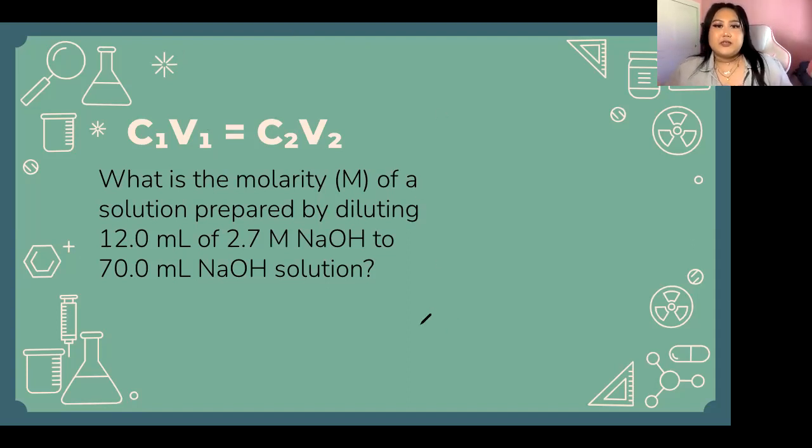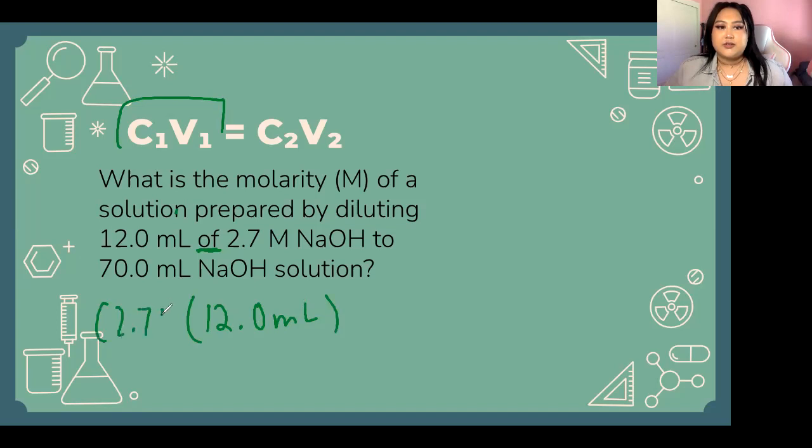Okay, so a good indicator of what is together is the word "of", right? Of. So that means that this is one side of the equation. So we can put in 12 milliliters and the 2.7 molarity.